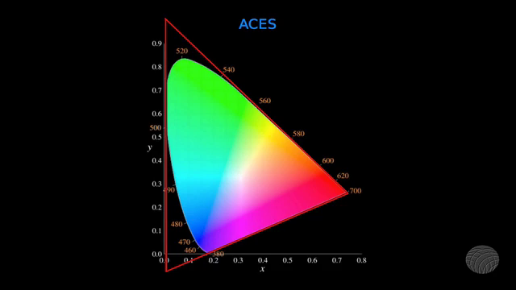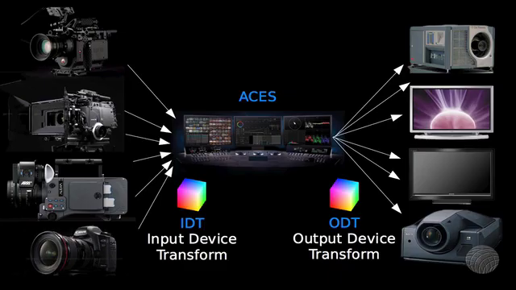So the foundation of ACES is this color space that allows you to work and do your color correction and not be limited by any particular camera or by any particular display device. ACES also provides transforms for every camera and transforms for every display device. The ones for the cameras are called IDTs, or input device transforms.